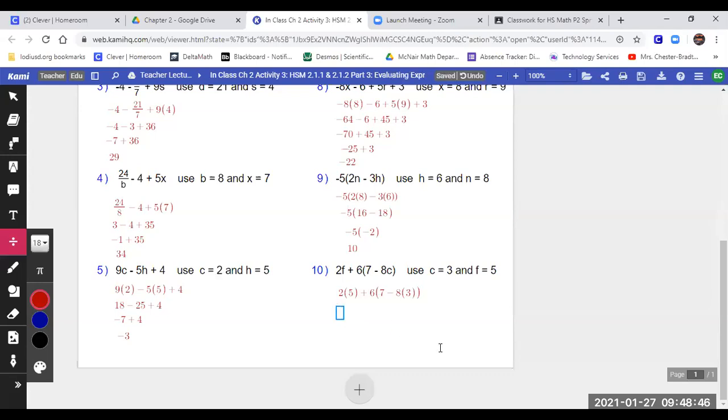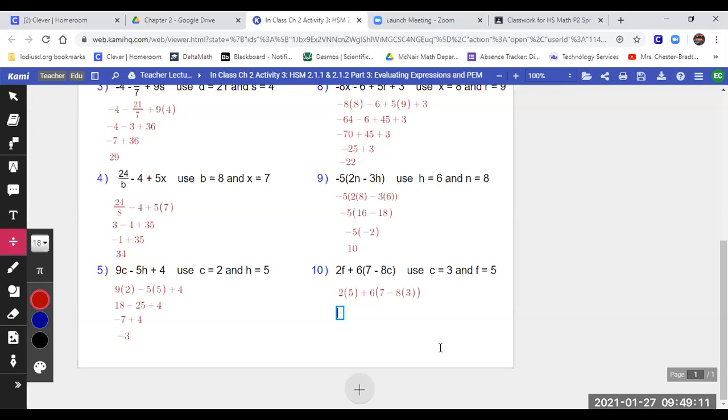So according to the order of operations, what am I supposed to do first now? Think about it.